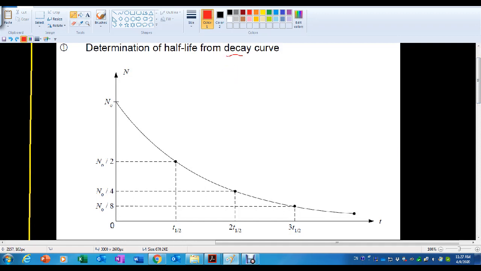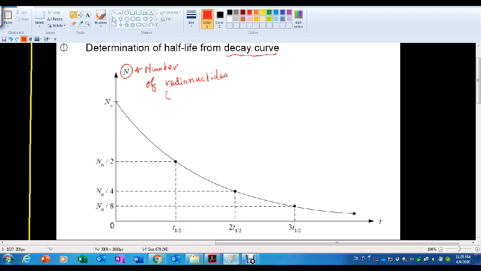Decay curve, sorry. For this decay curve, you need to look at the y-axis first. What do we mean by N? This N means number. Number of what? Number of radionuclides.